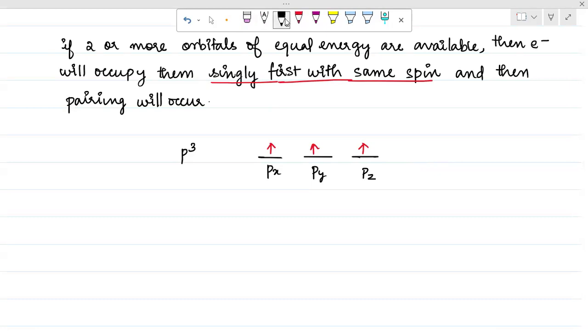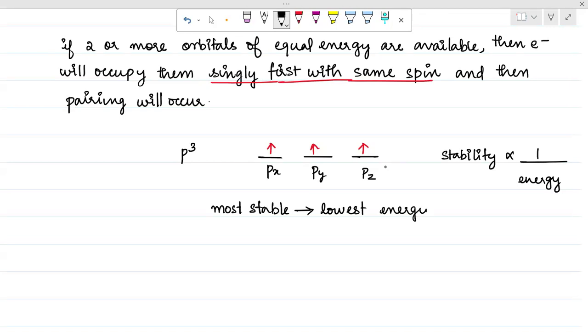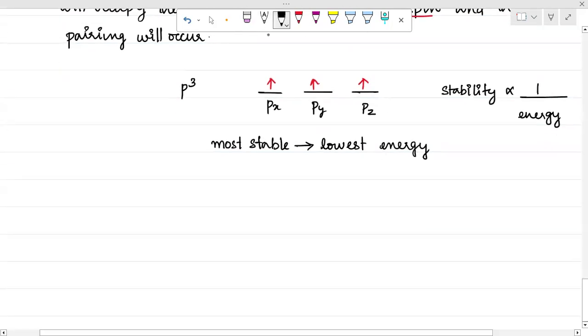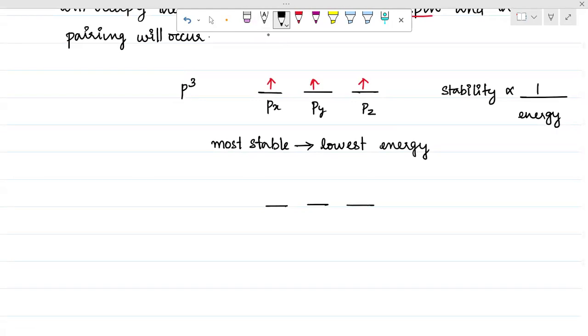This will be the configuration which is the most stable. Most stable means, you know that stability is inversely proportional to energy. So if this configuration is the most stable, it has got the least energy. Now you might think, why can't it fill like this, singly occupied but with different spins?